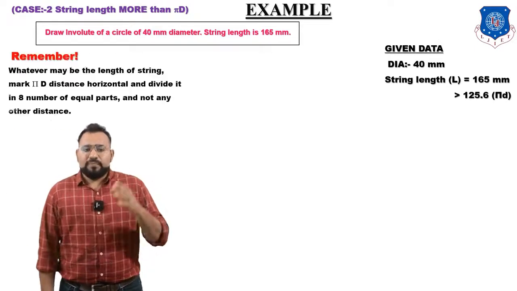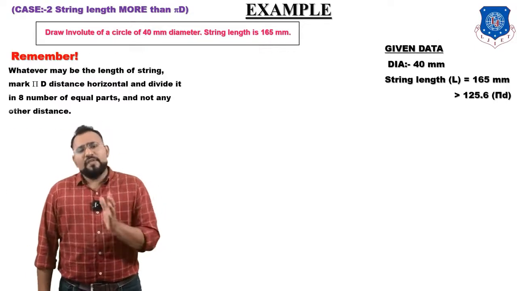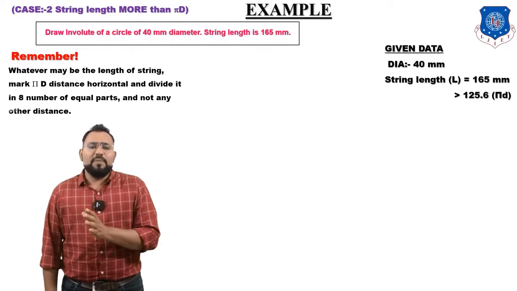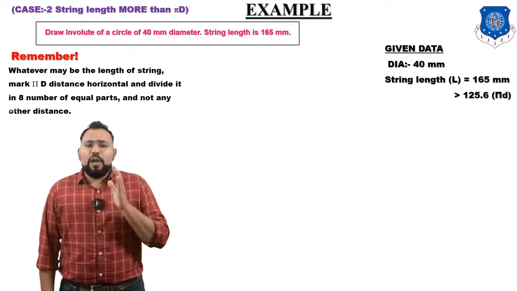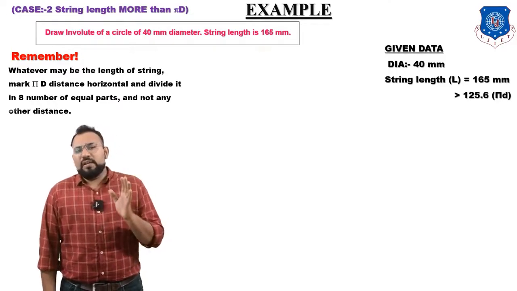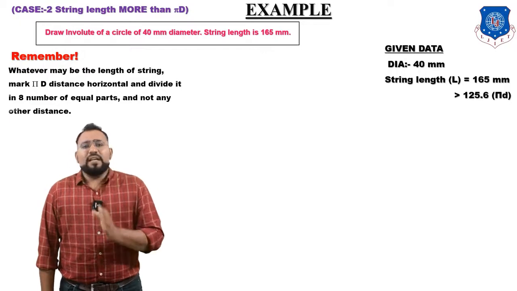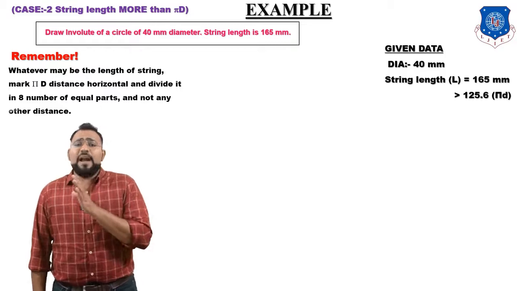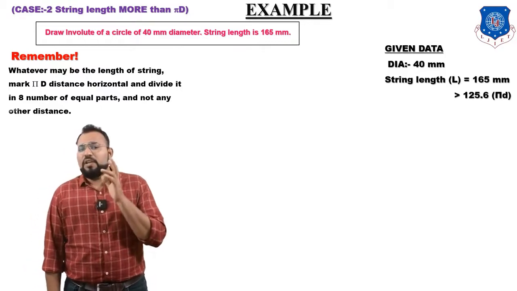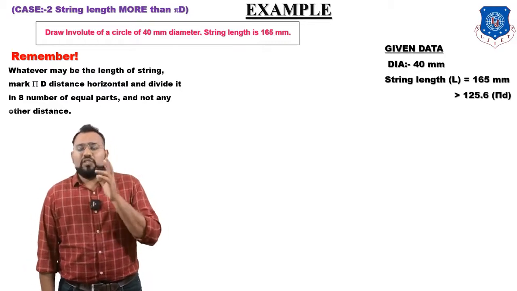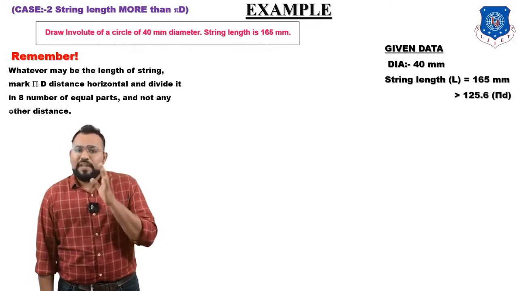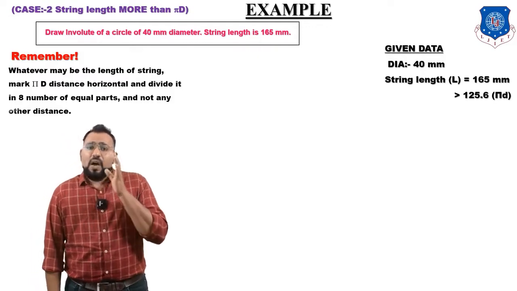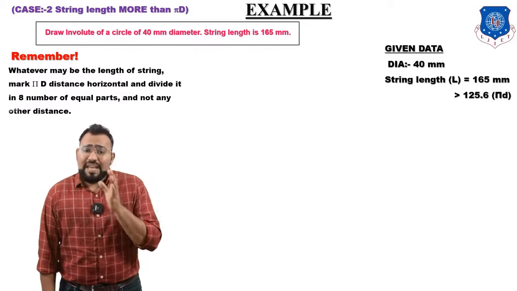Before we solve this example, always remember what we will do. Whatever the length of the string given, we divide the line which is string length L equal to pi d. So always remember, we will not divide the string length which is given, but we will divide a line of a string length which is equal to pi d.